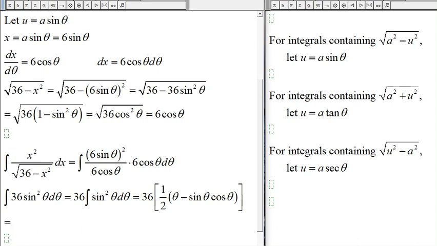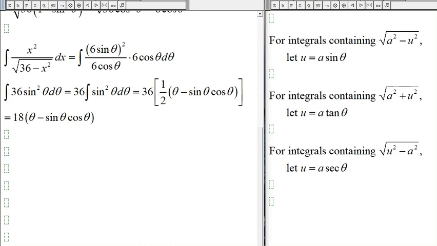So this becomes 18 theta minus sine of theta cosine of theta. And then the last step is we need to rewrite theta in terms of x.